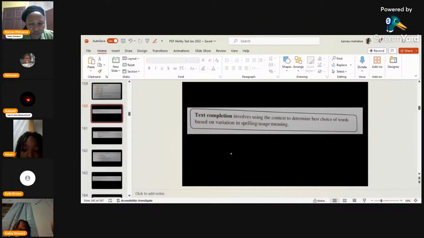Text completion involves using the context, meaning what's happening in the situation, to determine the best choice of words based on variation in spelling, usage, and meaning.